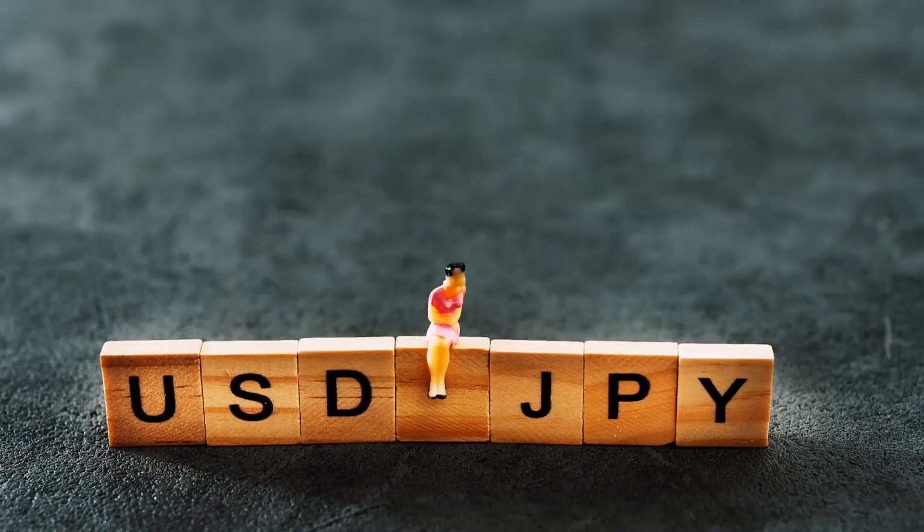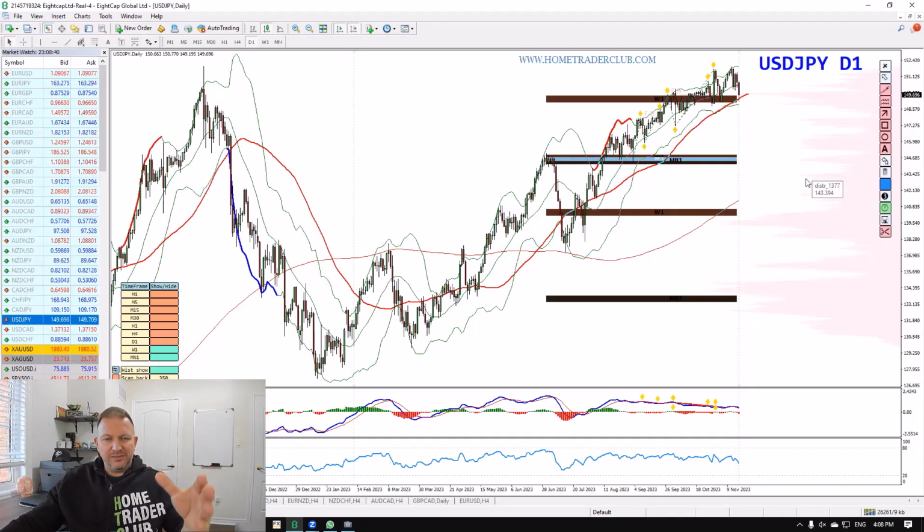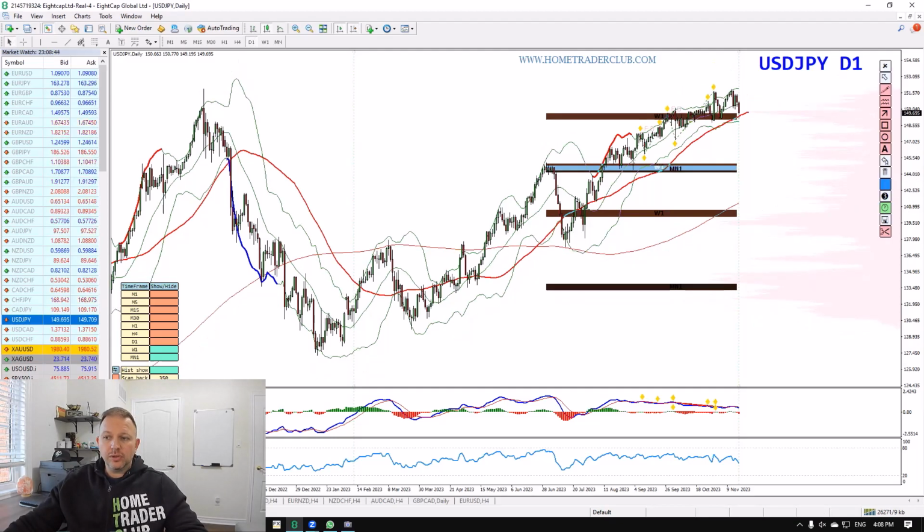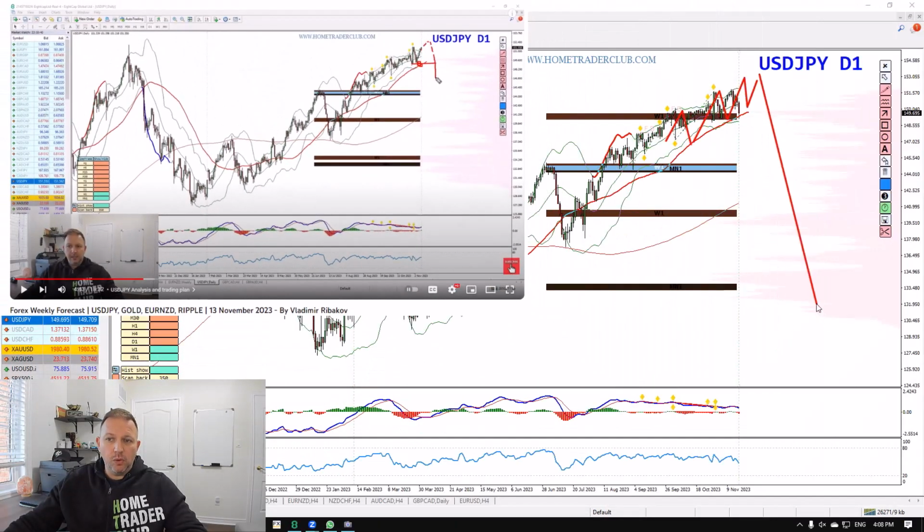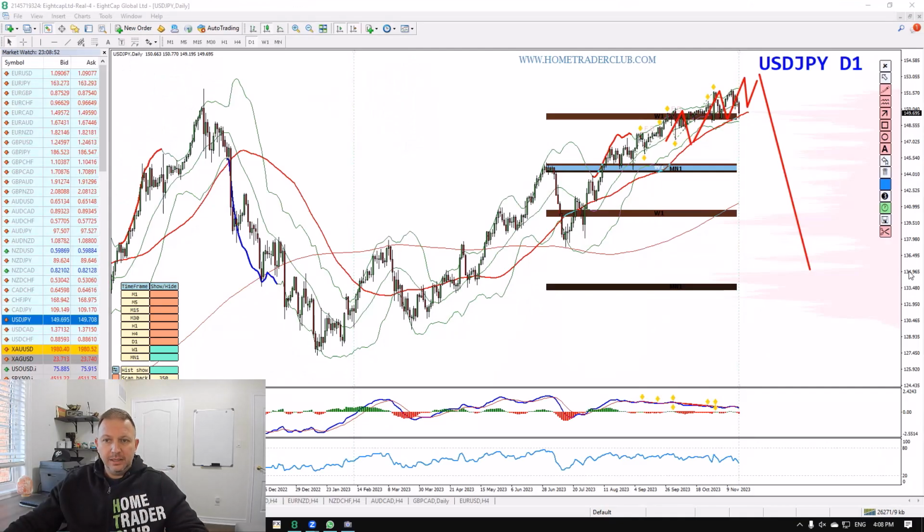Next one on the line, dollar yen. I've been talking about this one several times already in the past weekly forecast, and as you remember, we were talking about these fake rallies before it will then create the conditions of the turnaround and make a big drop. So we start actually to see these conditions, right?